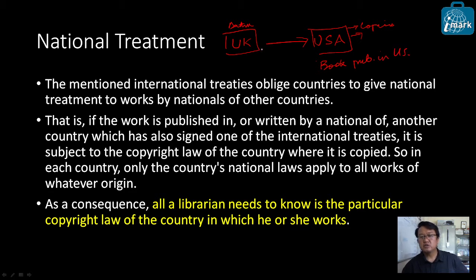The books may be published in the UK, but when exported to the USA, they should be treated like books published in the United States. That is the provision of national treatment. Similarly, a book published in the United States, though it may have a different law, that law is not applicable when it is sold in the United Kingdom. Copyright infringement will be treated as per the law of the United Kingdom, though the book is published in the United States.